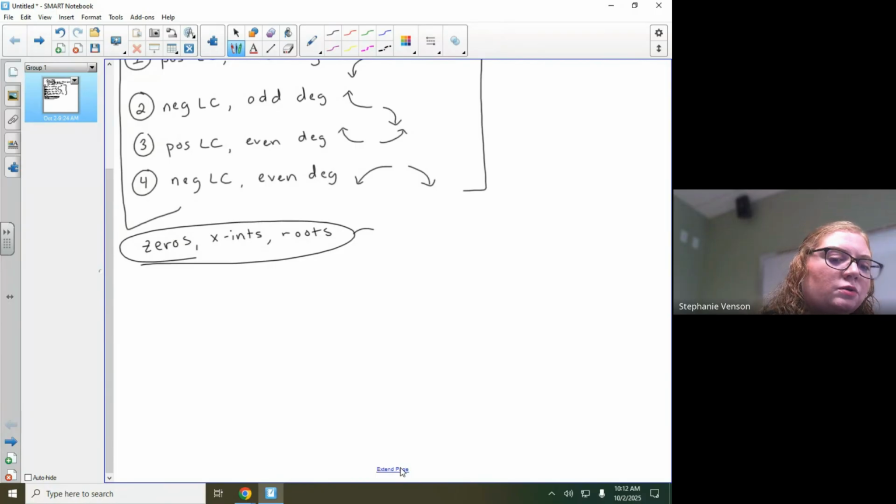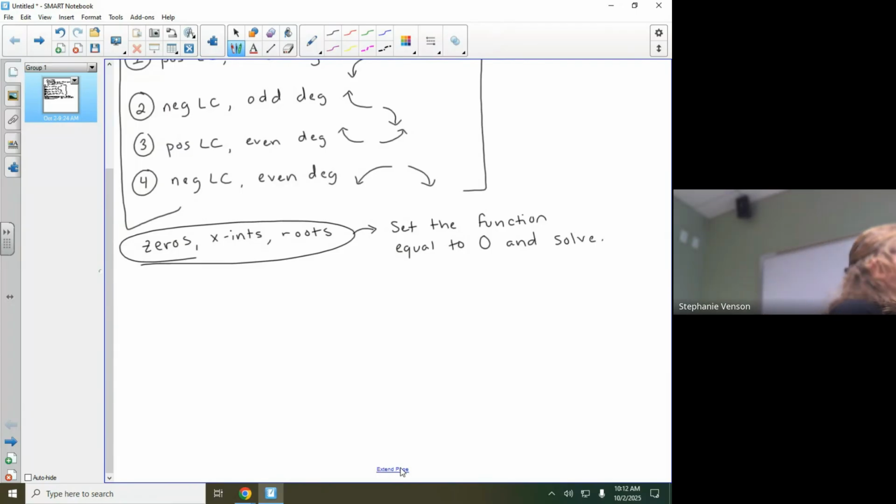For all 3 of these, you're going to set the function equal to 0 and solve. Doesn't matter what they ask for. So I think in this one, they asked for zeros, but again, we do the same thing every time.